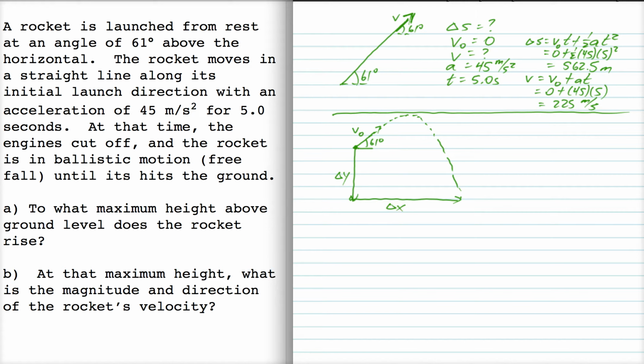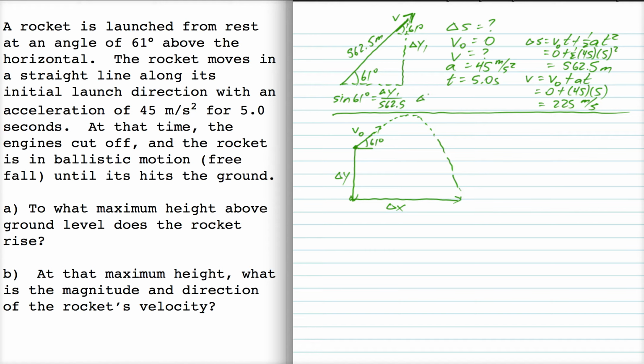I think it's going to help me to know delta y, so let me come back up here to part 1. Now in part 1 we found that the distance traveled here was 562.5 meters. So that enables me to find delta y1, right? I know that sine 61 is equal to opposite over hypotenuse.